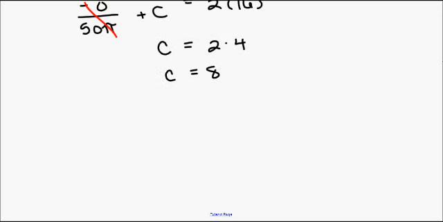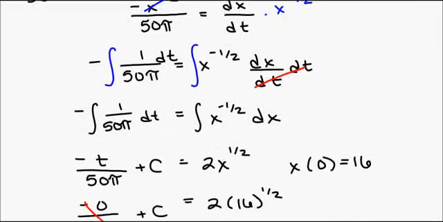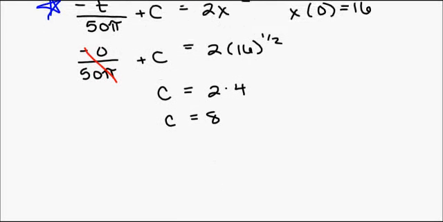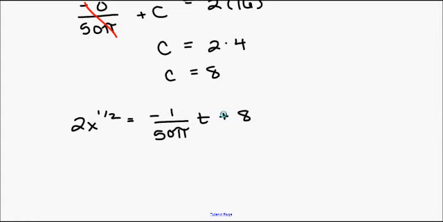What we need to do is take this line and plug in our c to that line. So since c is 8, 2x to the 1/2 equals negative 1 over 50 pi times t plus 8.